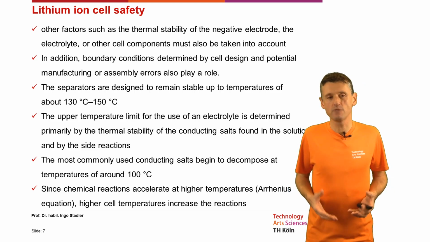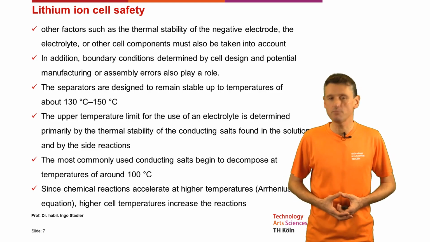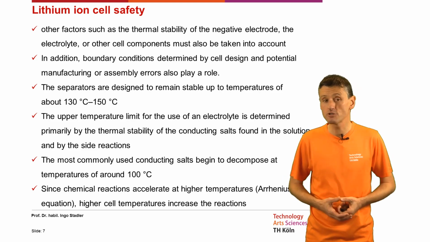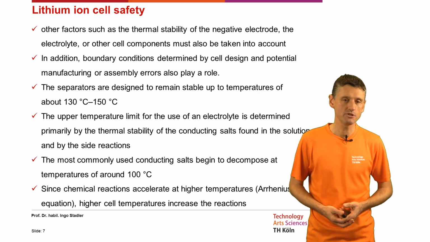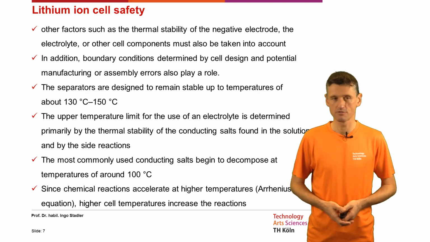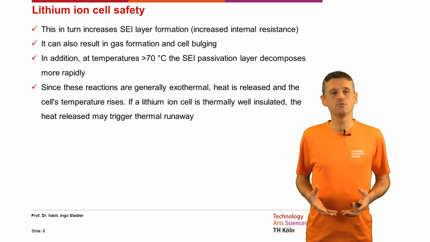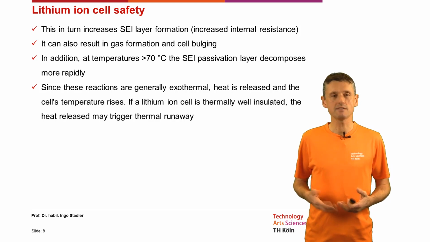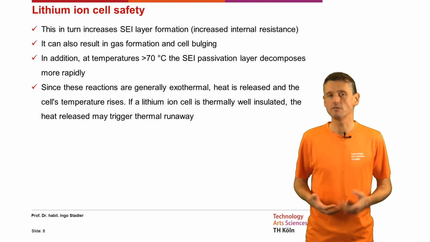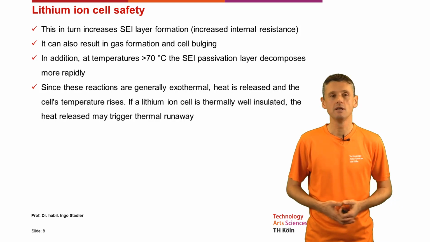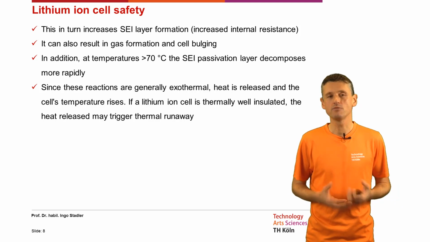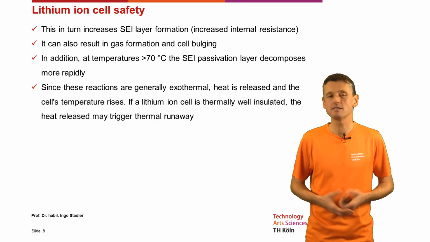Since chemical reactions accelerate at high temperatures, according to the Arrhenius equation, higher cell temperatures increase all the reactions. This in turn increases SEI layer formation and internal resistance. It can also result in gas formation and cell bulging.